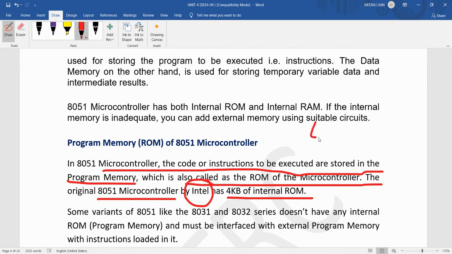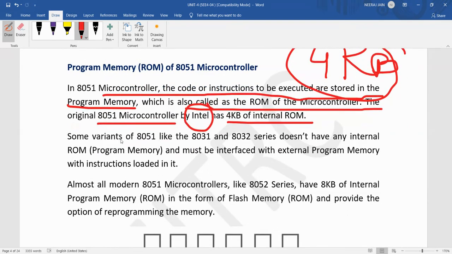Some variants of the 8051, like the 8031 and 8032 series, do not have any internal ROM.